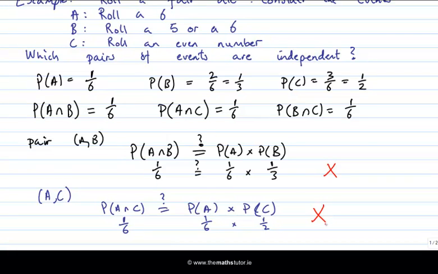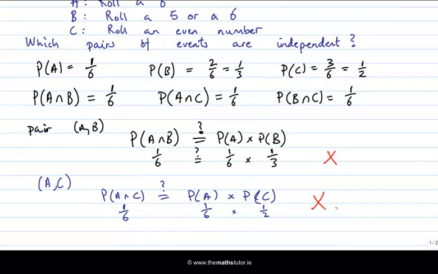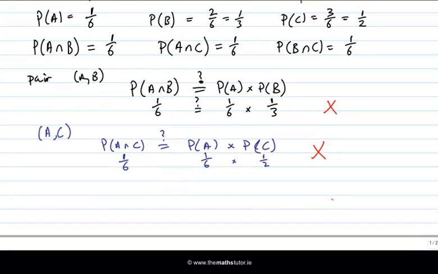So finally, let's look at B and C. So B is rolling a 5 or a 6, and C is rolling an even number. Are they independent? So the probability of B and C, we have it in our little table up here. It's 1/6.